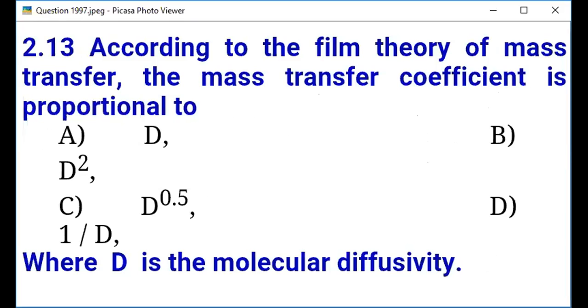According to the film theory of mass transfer, the mass transfer coefficient K is proportional to D squared, D raised to 0.5, or 1 divided by D, where D is the molecular diffusivity. What will be your answer? Can you write down your answer in the chat box?